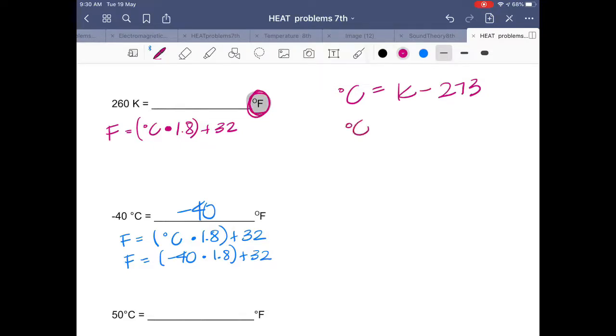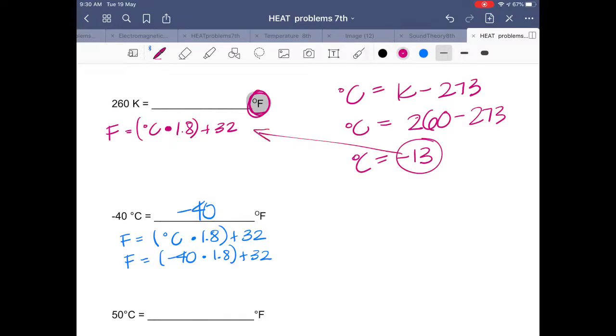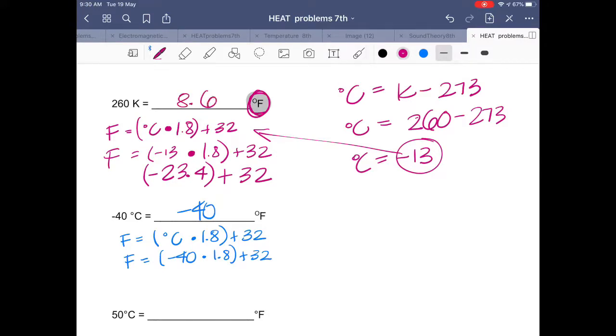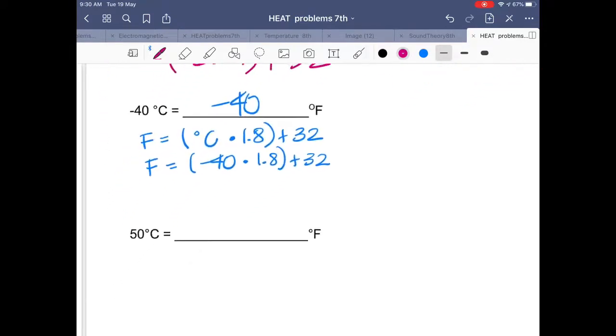So you have degrees Celsius equals 260 minus 273, negative 13. You bring your negative 13 to your formula and you have negative 13 times 1.8 plus 32. It's negative 23.4 plus 32, and you have 8.6. Now this one we did yesterday.